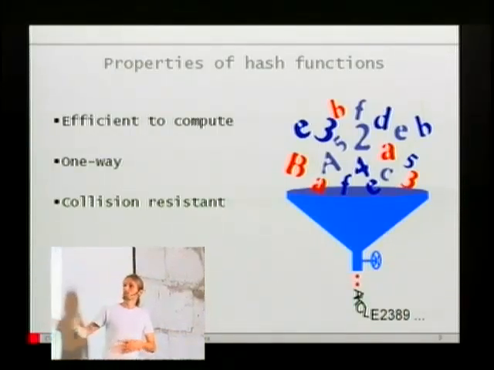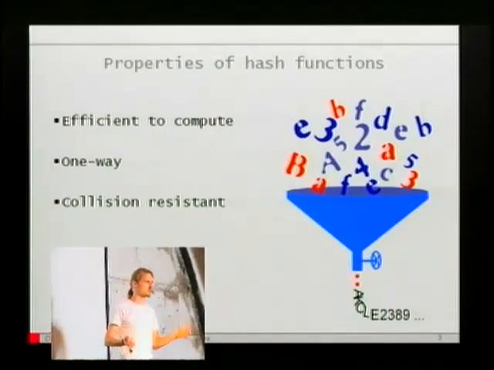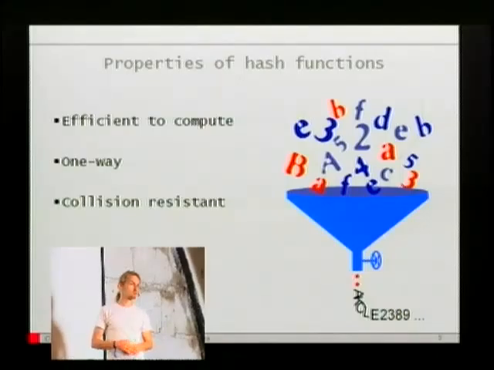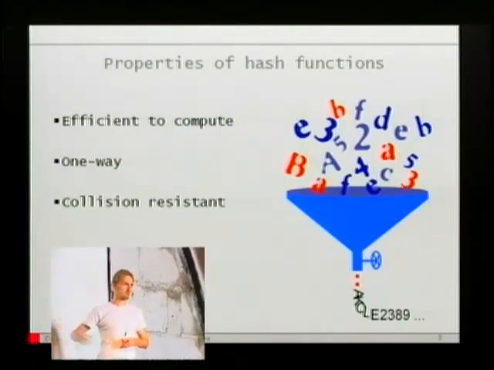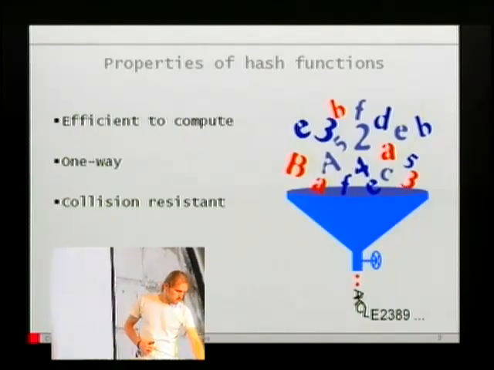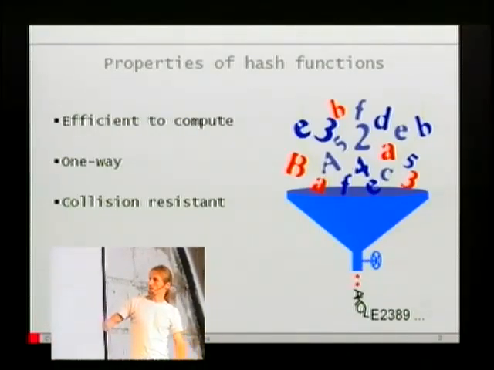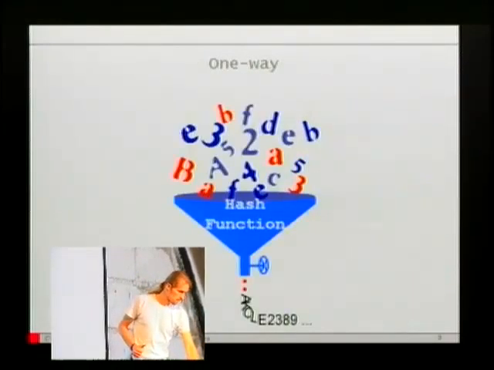So, hash functions. Of course they should be efficient and easy to compute. If they would be difficult to compute, nobody would want to use them, unless in some niche areas. And there are two more properties we would like to have. I will go into them immediately. One of the properties is one-way, and the other one is collision resistance.